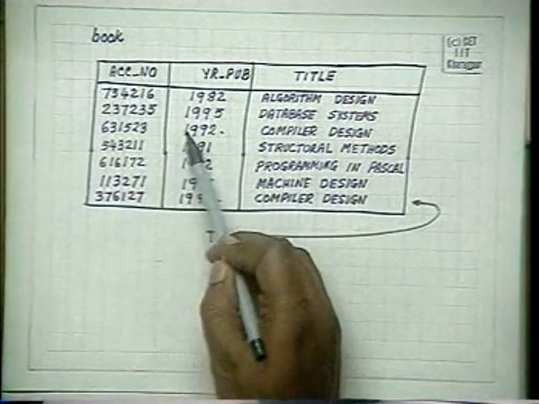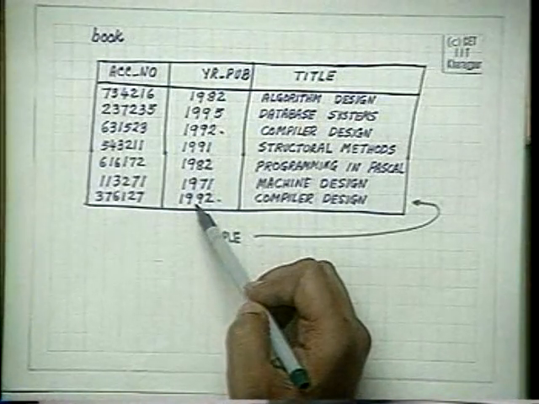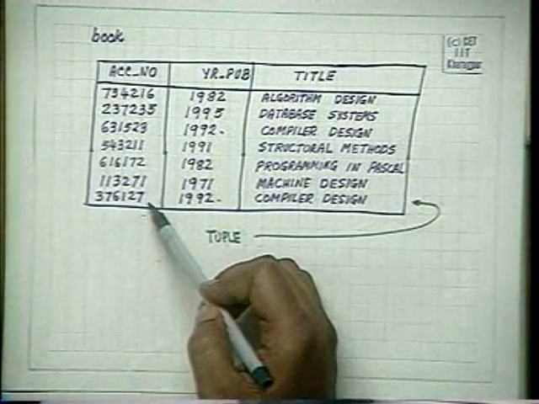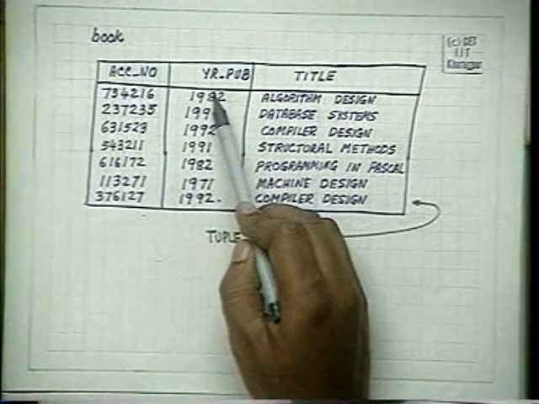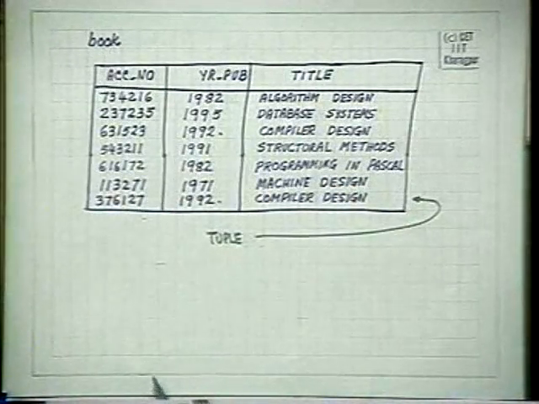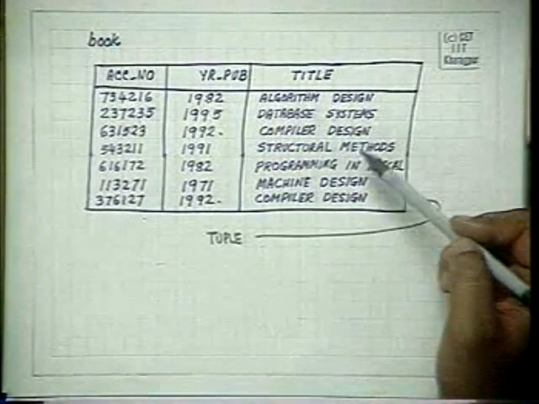For example, you can have the same book with two accession numbers. Now suppose I project out only the title on the relation book. I will get all the unique titles. I will not get any repetition titles.